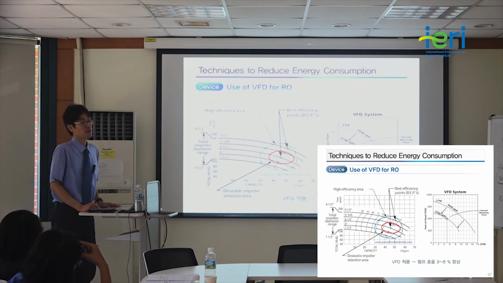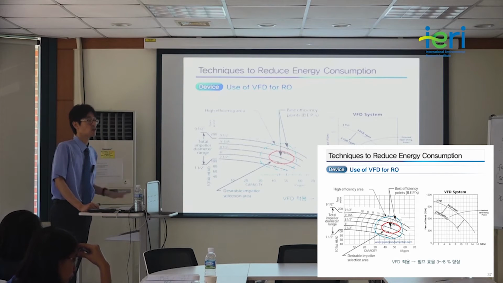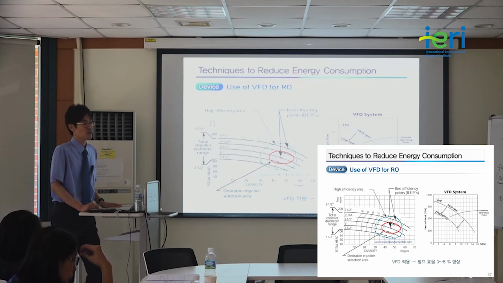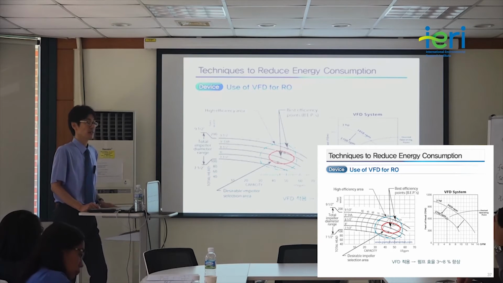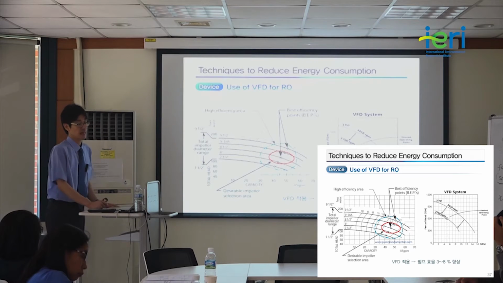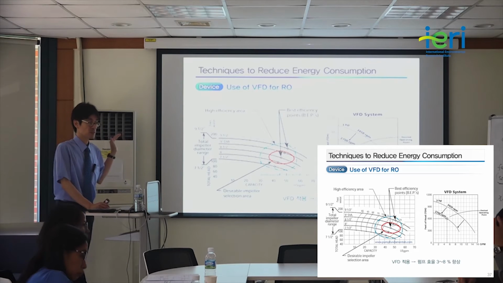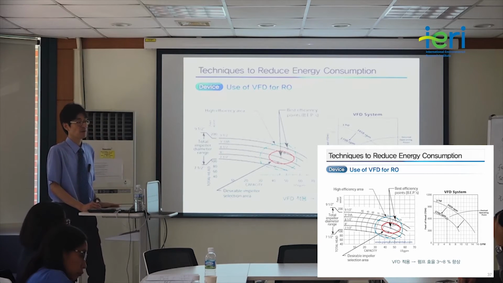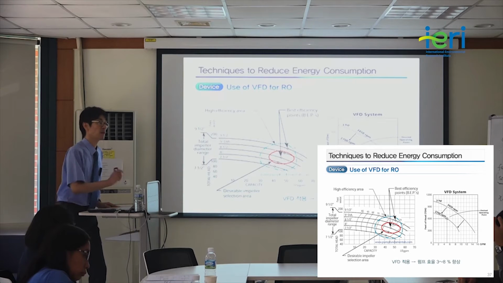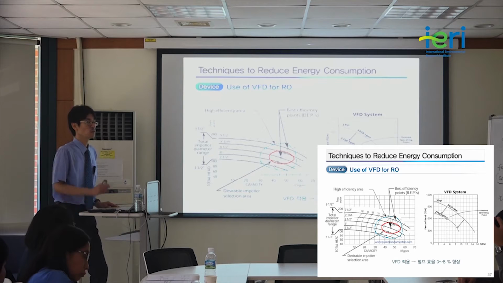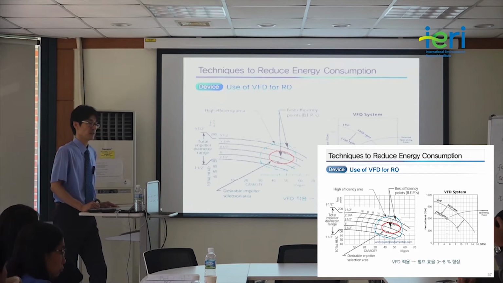It is required where fluctuation in the salt concentration of the seawater happens, or fluctuation in the temperature of the seawater happens. In this case, if we have high temperature seawater or low temperature seawater, we have to adjust the power of the pump to optimize the energy consumption.